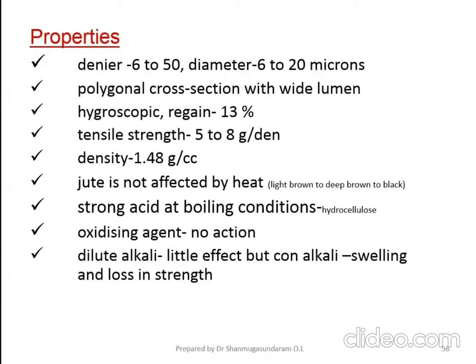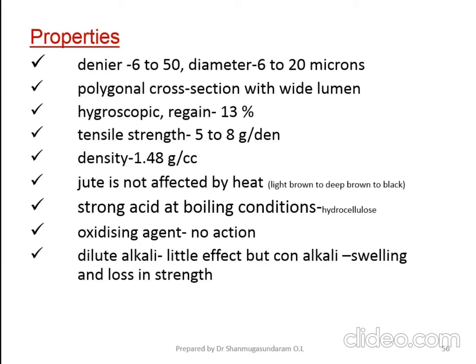Then it is hygroscopic in nature. It absorbs water readily. What do you mean by hygroscopic? It absorbs water readily. So when you look at the moisture regain property of the flax fiber, it is 13%. It is higher than your cotton fiber, whereas the moisture regain of cotton fiber is 8%, but flax fiber has 13%.